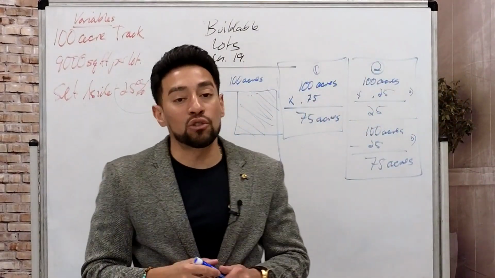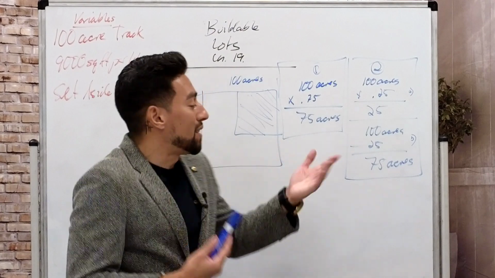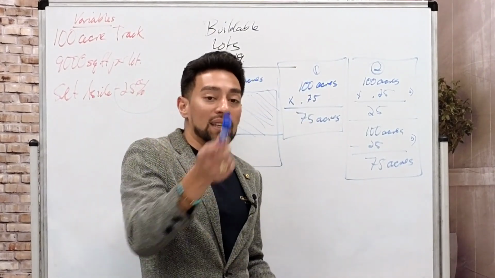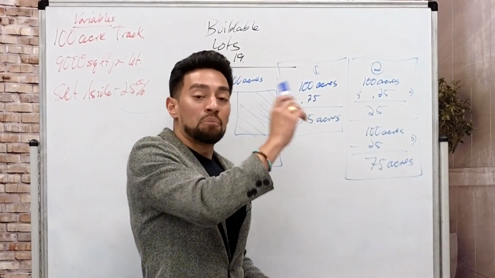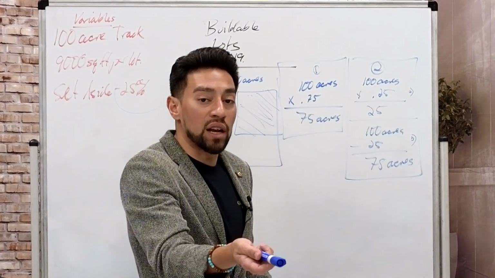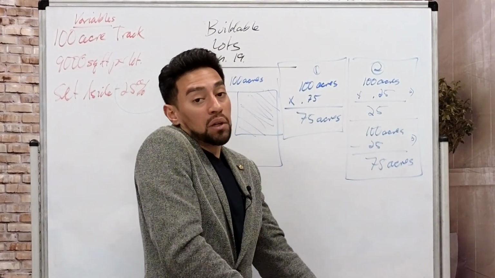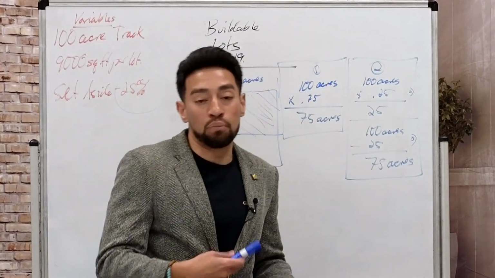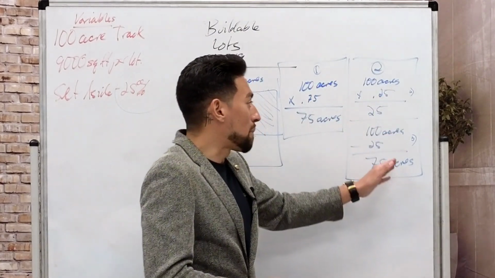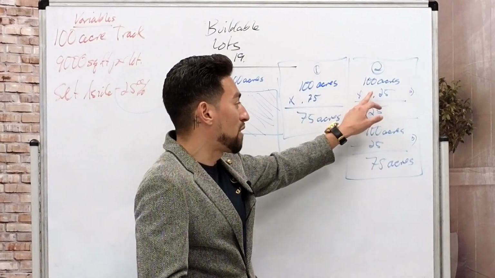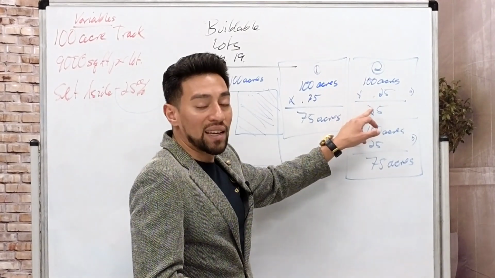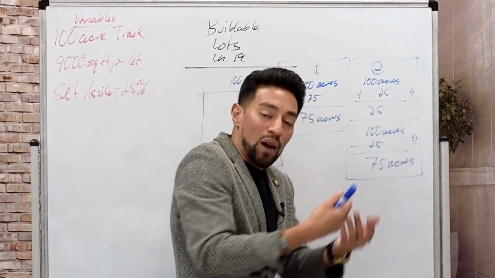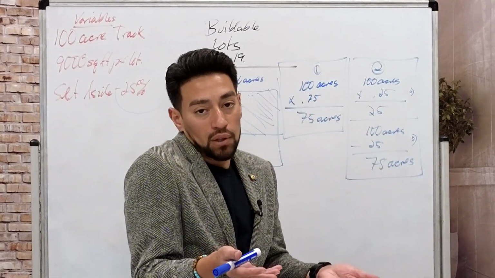I prefer to go the easier route in the sense of one step. So what I have to think about is, okay, they're telling me I got 100 acres, but I cannot use 25% of it. So how much can I actually build on? 75, so I'm going to use 75. As opposed to doing the two-step process of saying, oh, okay, it's 25% I cannot use, so I get 25 acres, and then subtract it from my 100 so I can get now the amount that I can build on.